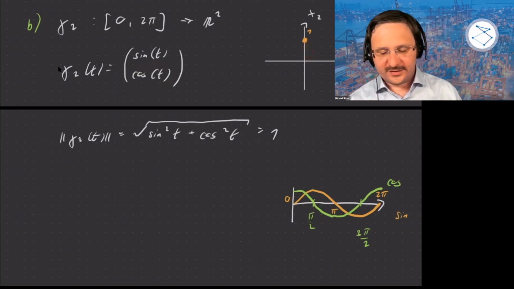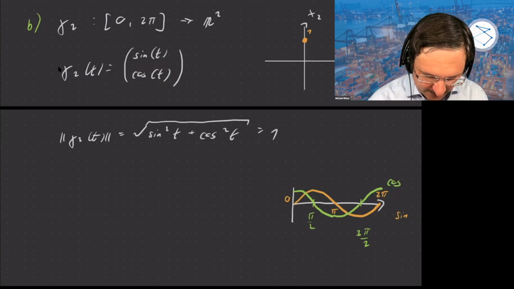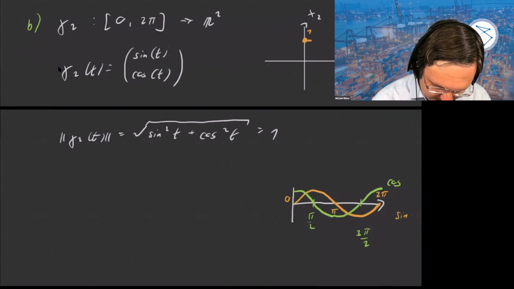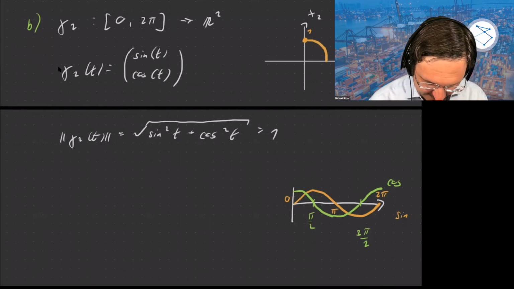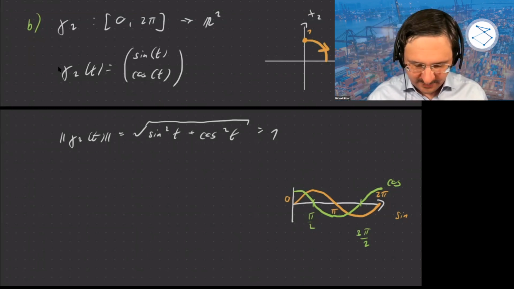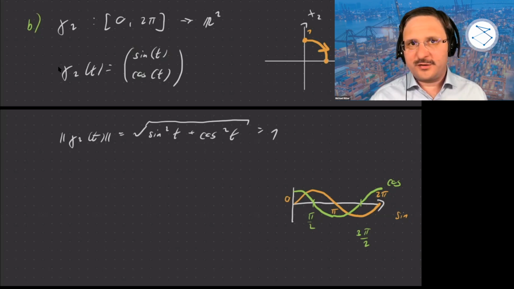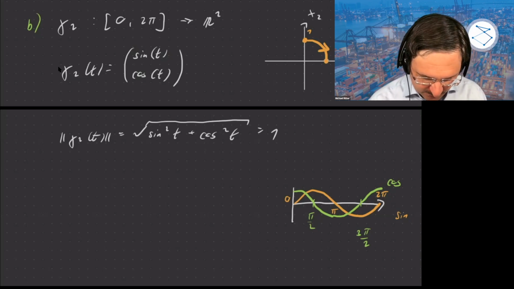So we're decreasing in this direction here. So basically, the curve starts to rotate in this way, right? That's the direction of movement of that curve here. Until we hit that point, and that corresponds to t equals pi over 2.